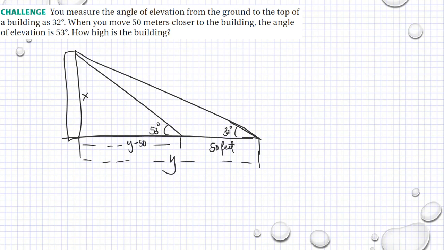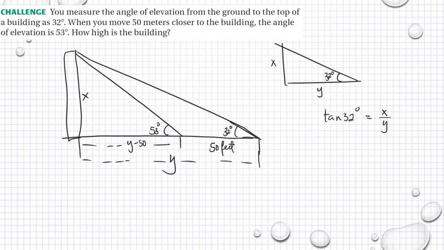If we're going to use two triangles, then the first triangle looks like this. We have 32 degrees, and then we have x here, and we have y here. So that is tangent of 32 degrees is equal to x divided by y.